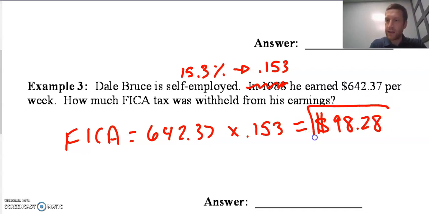So half of that is pulled out as the employee, half of it's pulled out as the employer. You can calculate them all together. So 98.28 is what we're looking for there.